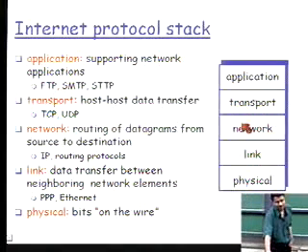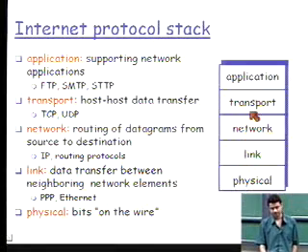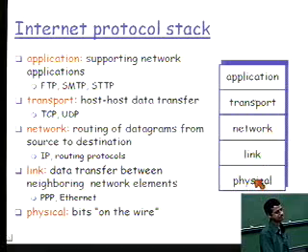Each layer provides a link to the layers right next to each other. So the transport layer knows about the application that it's serving, and it also knows about the network that it's running on. But the transport layer has really no idea of the link layer or the physical layer.